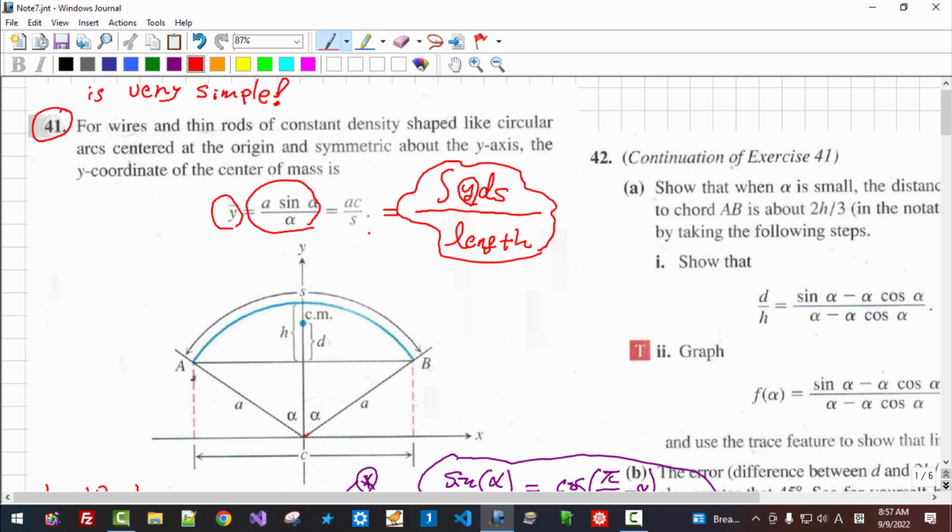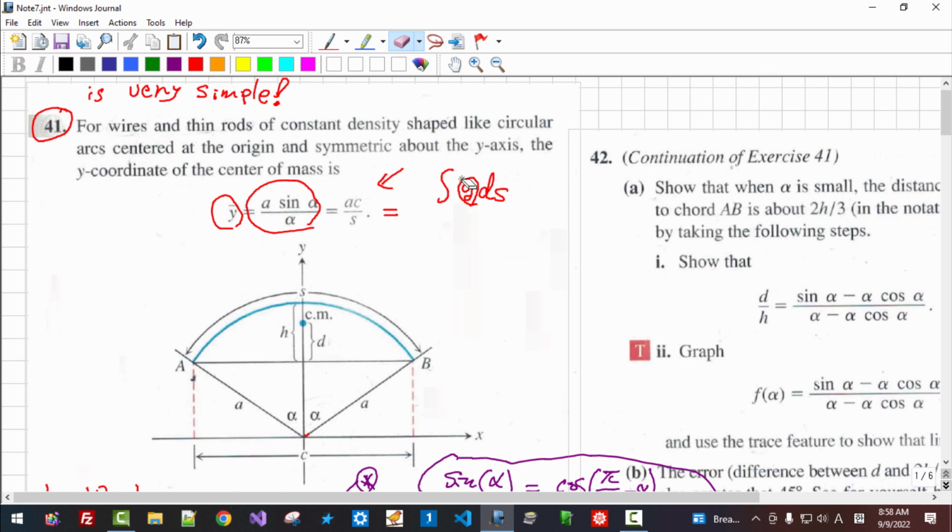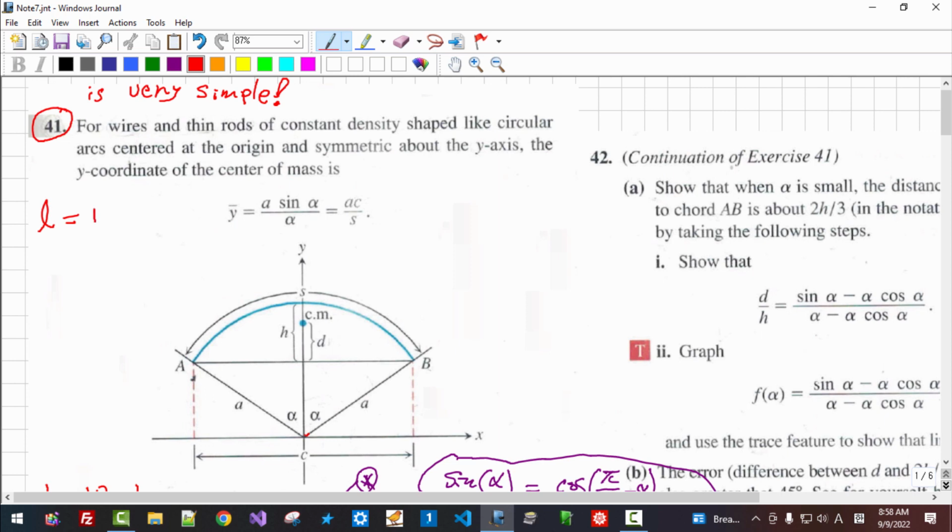Now observe this result. I will remove this. L equals r theta. Here L is the arc length S. So S equals r, and r is a.